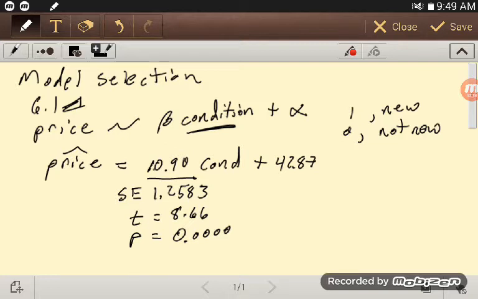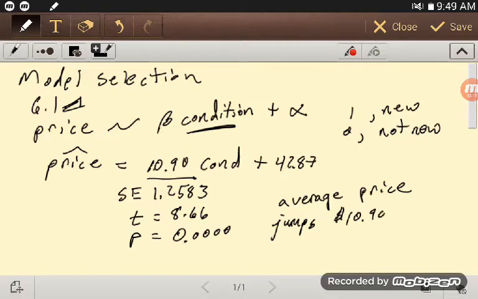So what does 10.90 mean? We need to also interpret these things. It says that the average price jumps $10.90 when going from old, or not new, to new.